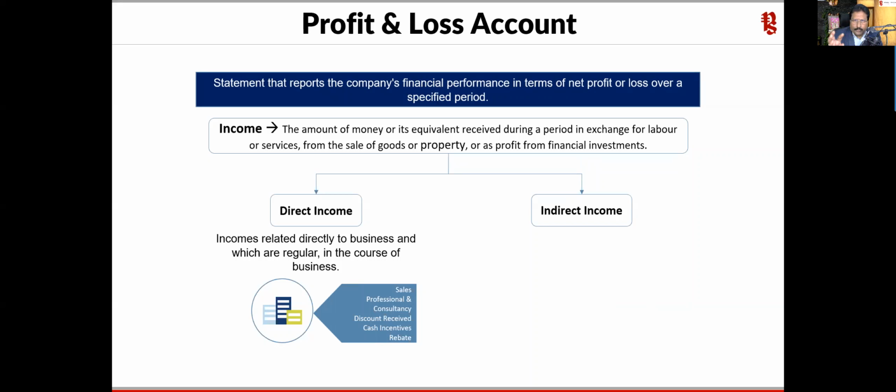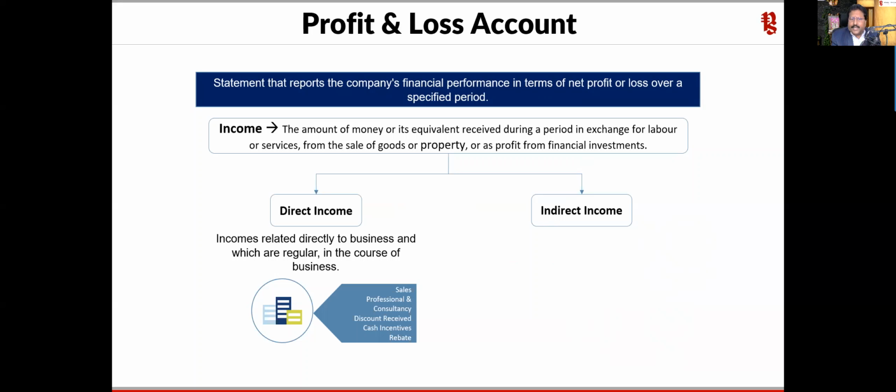All those sales are your primary income, and they are regular in nature. Maybe you might not have daily business, but this is your main source of revenue. In the case of professionals, professional or consultancy charges are their main source of income, which is a direct income directly associated with the business.